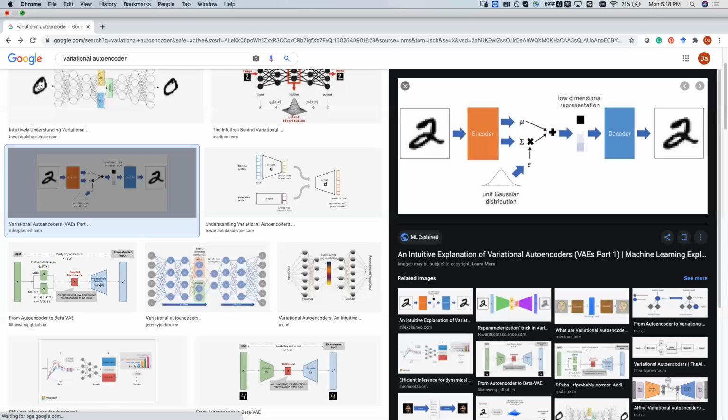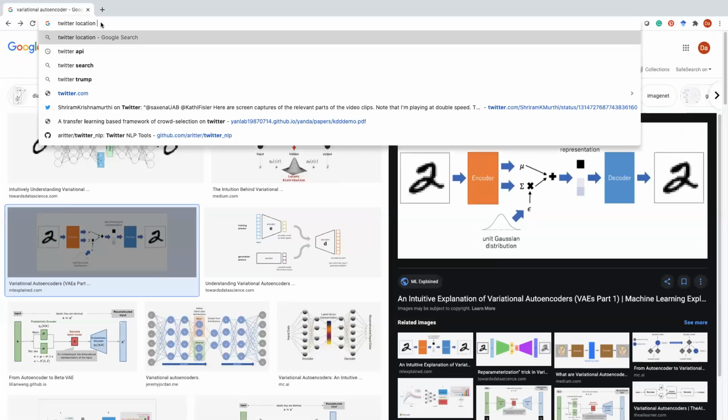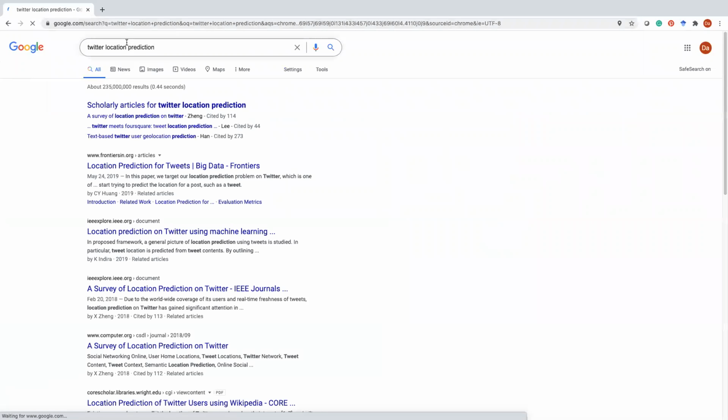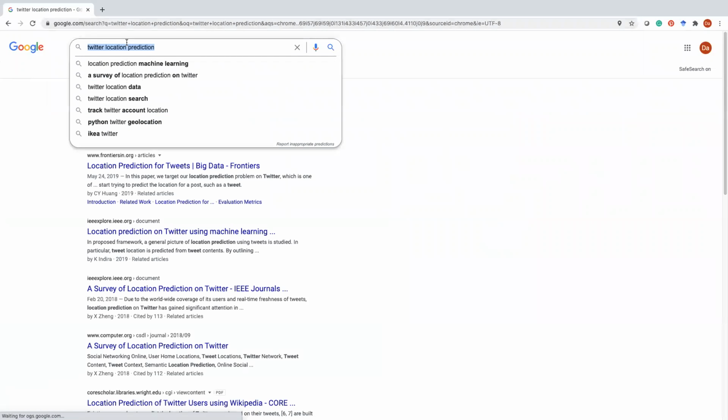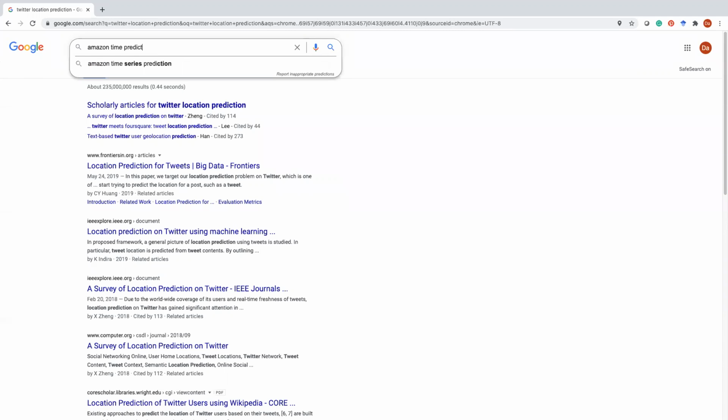And so this is why we need generative models. Another example of why we need generative models: I think there's a paper on Twitter, location prediction. There's a model by Amazon for time series prediction.